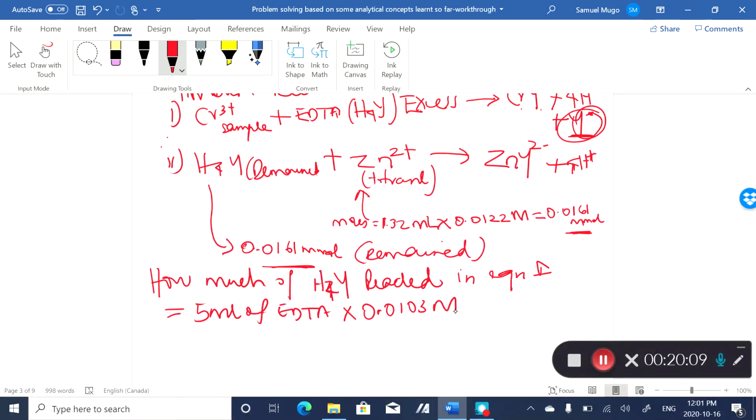That's the amount I initially added to my chromium sample. You do that, you get whatever number of millimoles, and then subtract how much remained, which is 0.0161 millimoles. And so how much actually reacted is 0.0354 millimoles.